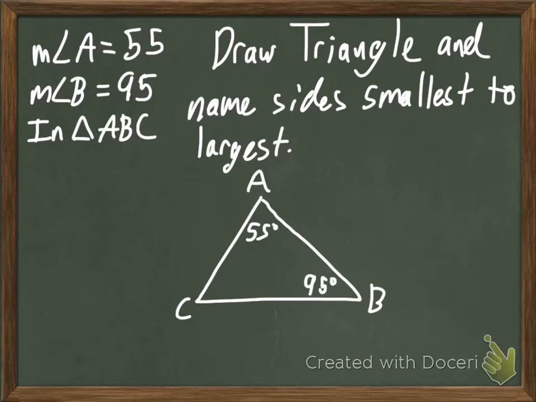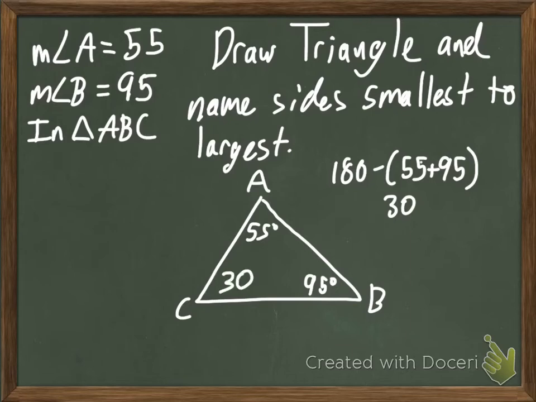And it doesn't tell us what C is, but we can figure out what C is using our triangle angle sum. We know that in a triangle all the angles add up to 180. So if I do 180 minus 55 plus 95, we'll get our answer. 55 plus 95 is 150, so it looks like C is 30.